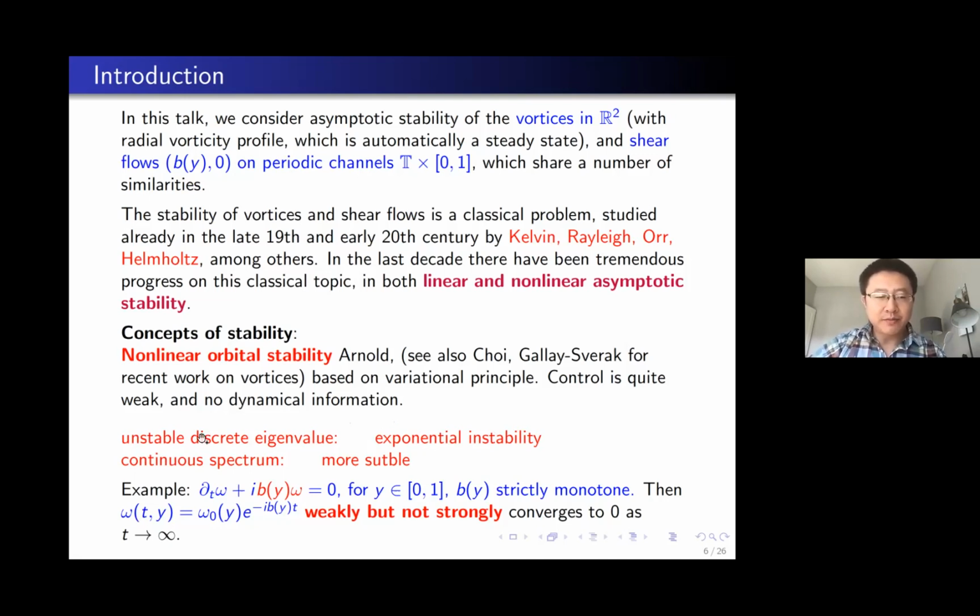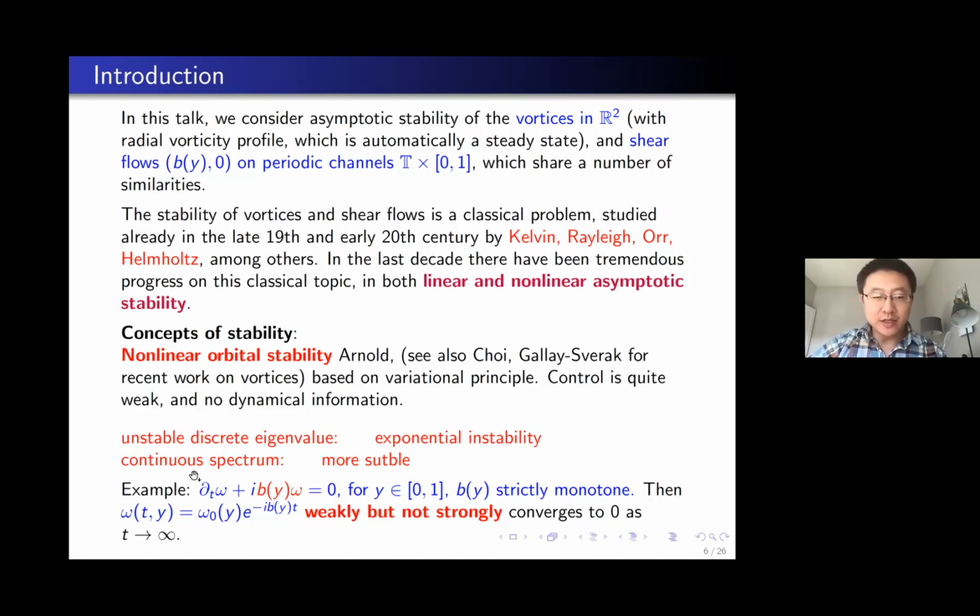For us, maybe the most important example is the following simple equation: partial t omega plus i b omega equals 0. Here I only consider omega as a function of y, not a function of x. So it's just an example, it's not the 2D Euler. Let me assume that y is from 0 to 1 and b is strictly monotone.